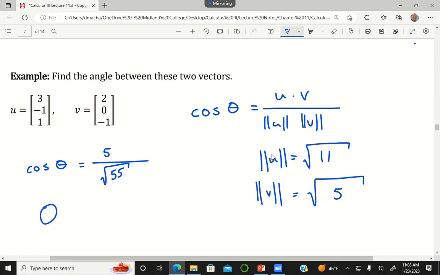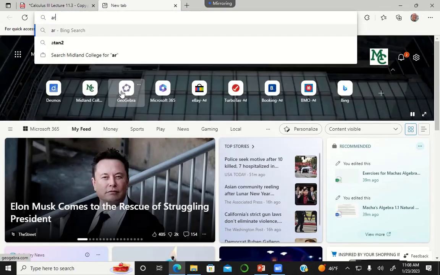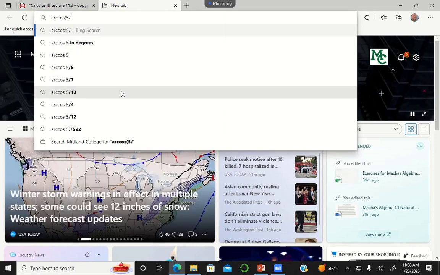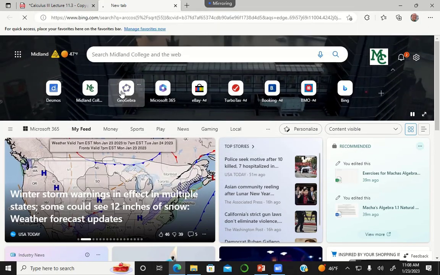And so if you want to find the angle theta between those two vectors, this is where on your exam you would pull out your fancy TI-30X IIS calculator that you got from Walmart, and then you would type in arc cosine of 5 divided by root 55. Right, so you can ask Google, what is arc cosine of 5 divided by square root 55?